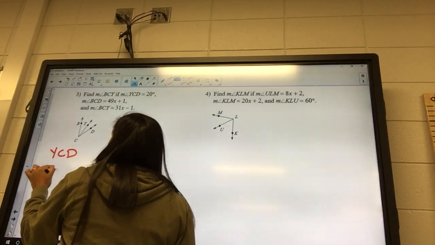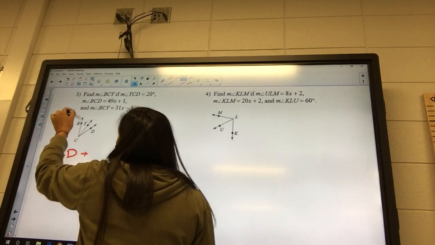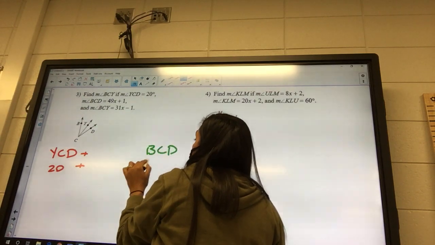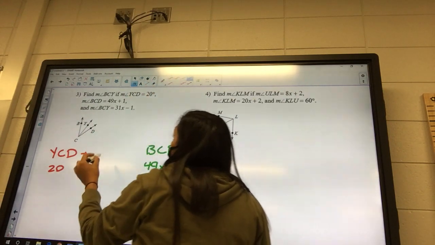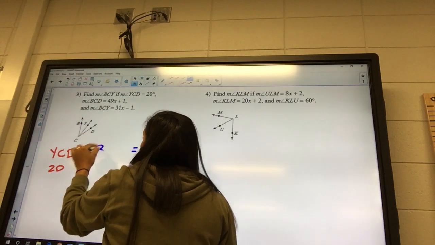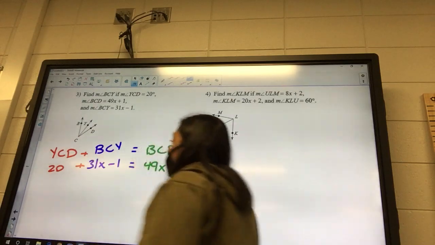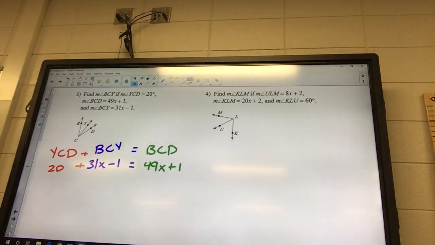BCD is going to be a big one, 49x plus 1. BCY is also a little one, 31x minus 1. So right now we got 20 plus 31x minus 1 equals 49x plus 1.